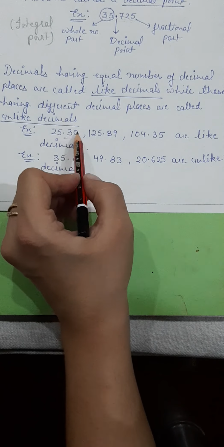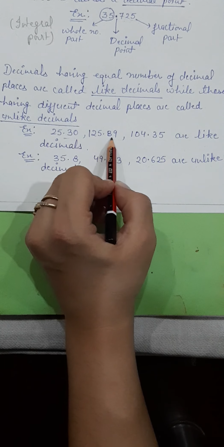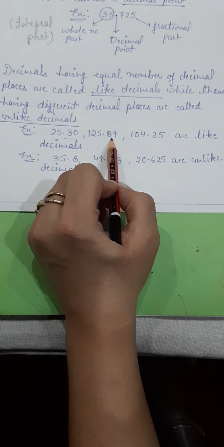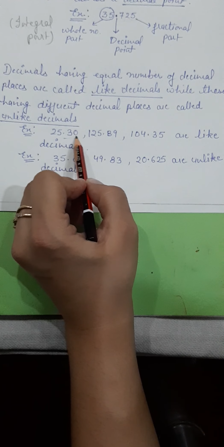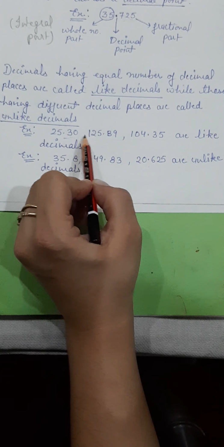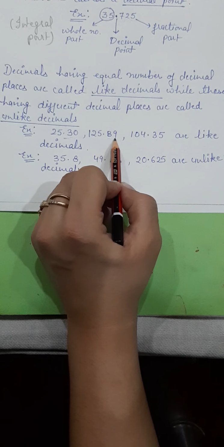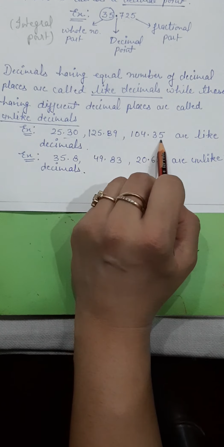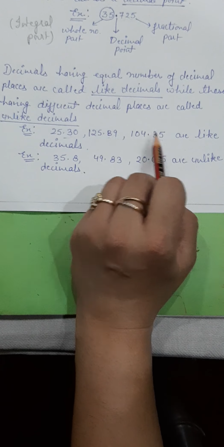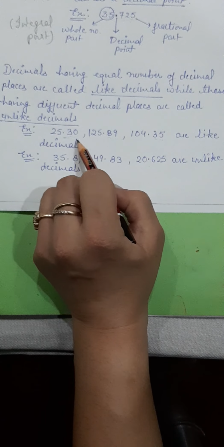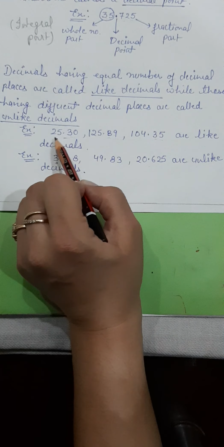Why? Because the number of decimal places is the same: 2 decimal places in 30, again 2 in 89, again 2 in 35. So these are called like decimals.